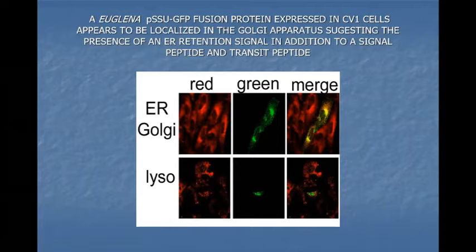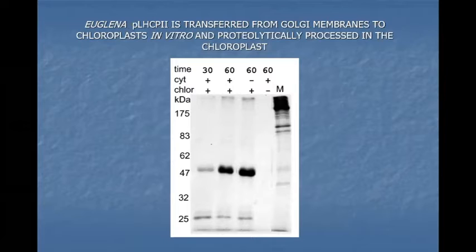When we overlay the two, we very clearly see the perinuclear localization and yellow indicative of Golgi localization. The precursor is sent to the Golgi in mammalian cells. If we look at lysosomal labeling, we do not see it in the lysosome. So we clearly have a precursor that is Golgi targeted and apparently has a membranization signal on it as well.